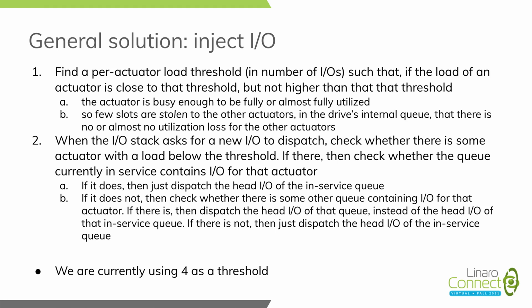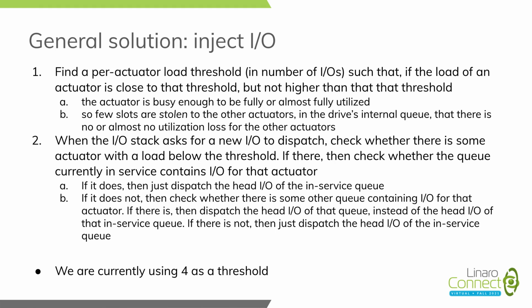So when the IO stack asks for a new IO to dispatch, BFQ basically checks whether the current queue in service has IO for the actuator that we want to keep above the threshold, the actuator which is suffering from too low a load. If that queue is already the right one to serve, then BFQ dispatches IO from that queue.